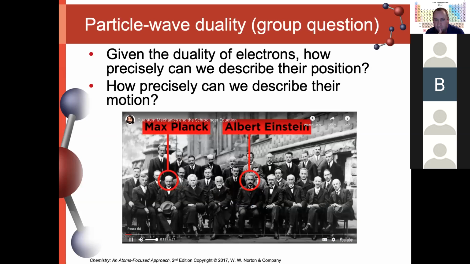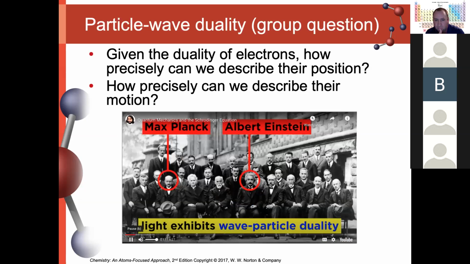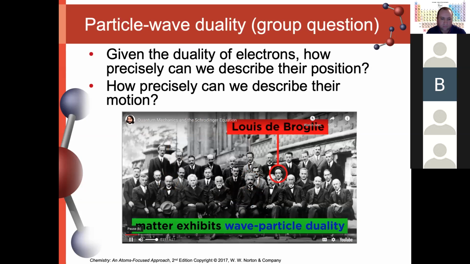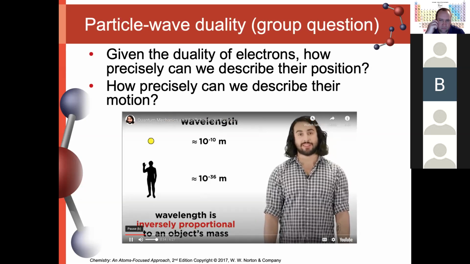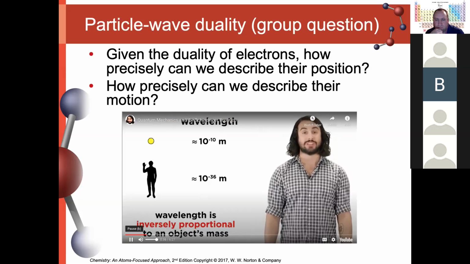Through the work of Planck and Einstein, we were forced to accept that energy is quantized and that light exhibits wave-particle duality. Then de Broglie extended this duality to include matter as well, meaning that all matter has a wavelength, from a tiny electron to your whole body to a massive star. However, an object's wavelength is inversely proportional to its mass.